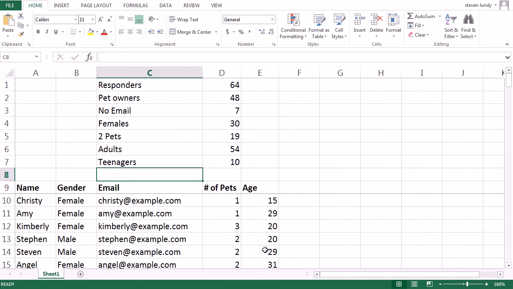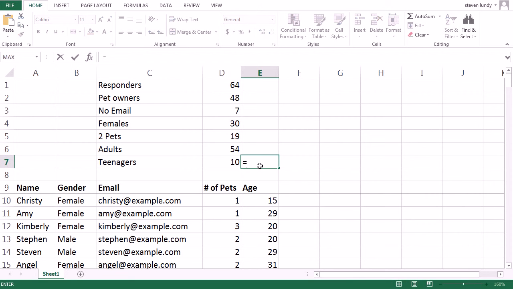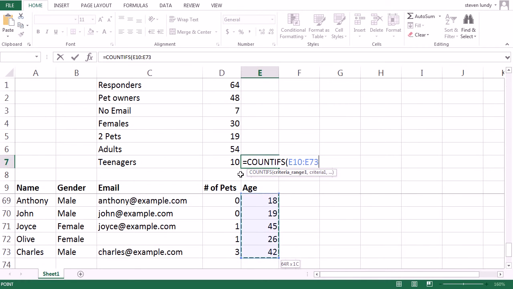We could also solve this problem using a different function. The function COUNTIFS. That's with an S on the end. This function allows you to put in multiple criteria for counting. In this case, we would use equals COUNTIFS, select our range, and we only want to count it if it is greater than or equal to 13.